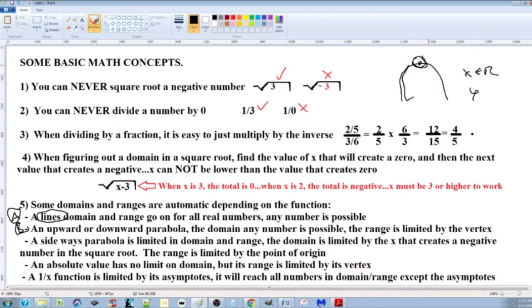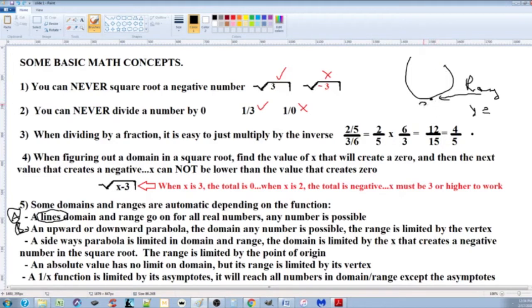So if it's facing downwards, y must be smaller or equal to whatever its y value is for its vertex. Or if we have an upwards parabola, the range is limited by the vertex and the y must be bigger or equal to whatever the y value is over here.